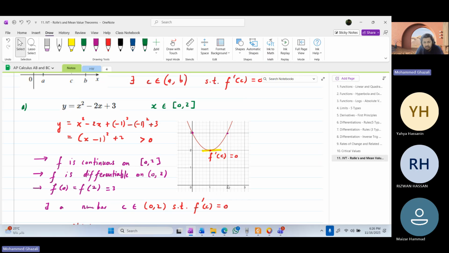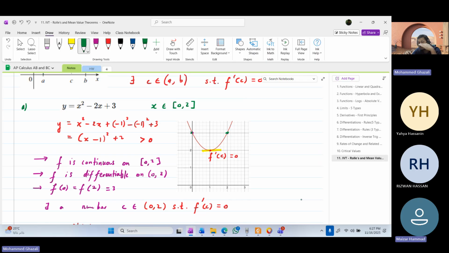I just said f of 0 is 3, and f of 2 is also 3. So that condition is satisfied. f of 0 equals f of 2, which is equal to 3. So what I said was, for this function, if you draw this function, there's a horizontal tangent in between 0 and 2. That's all I said. I didn't talk about gradients changing, increasing and decreasing, nothing.